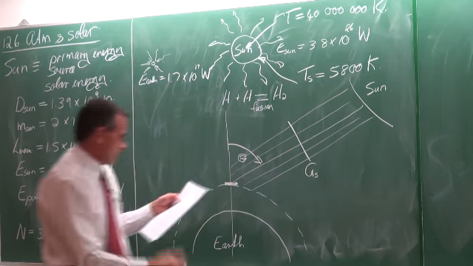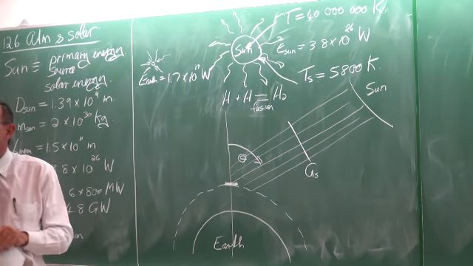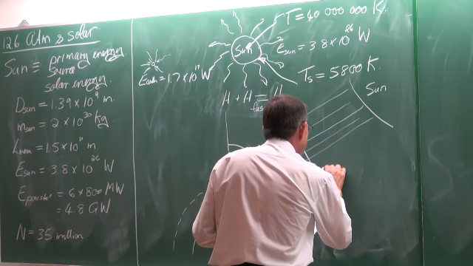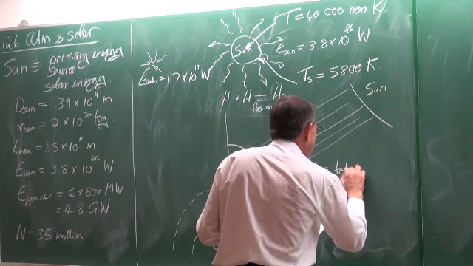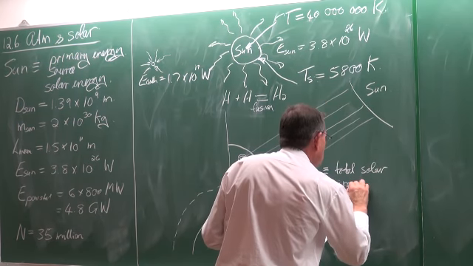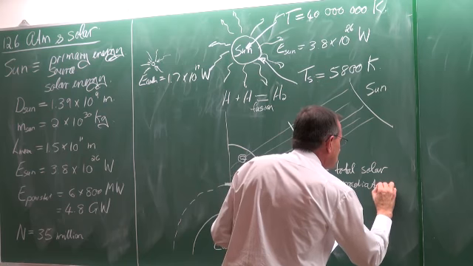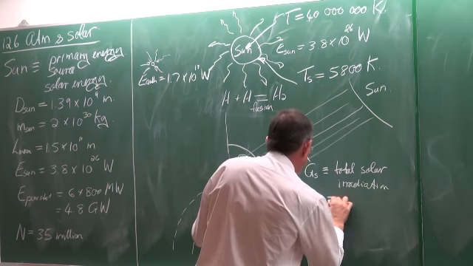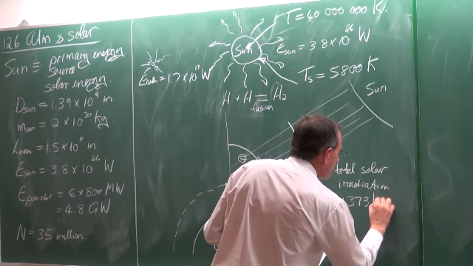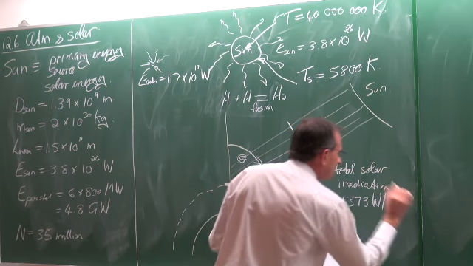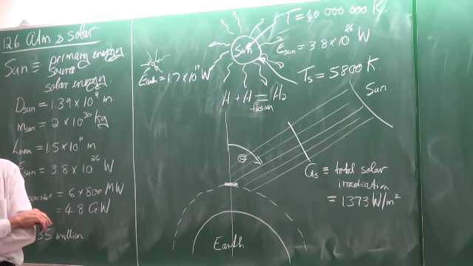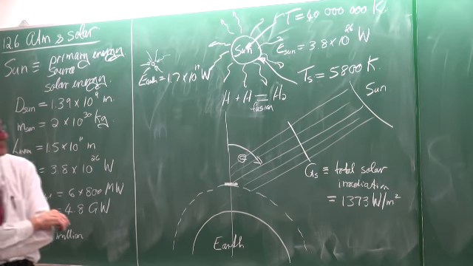It is the total solar irradiation, and its value would be equal to 1,373 watts per square meter.